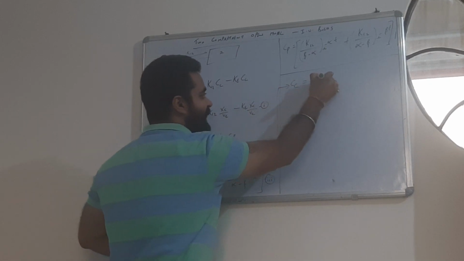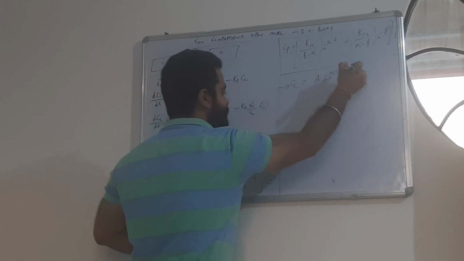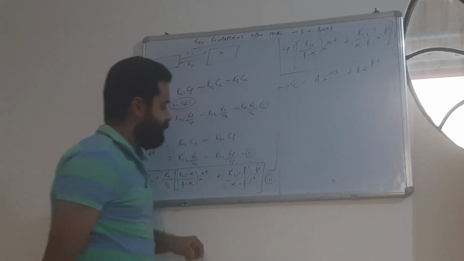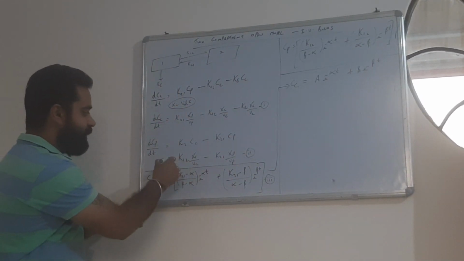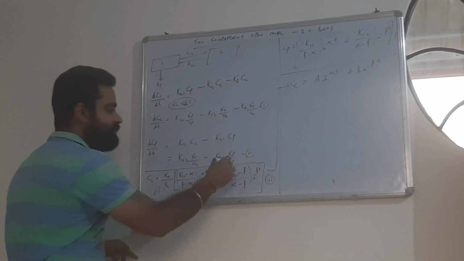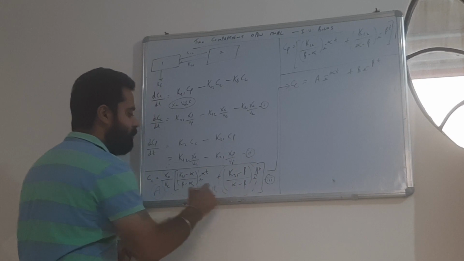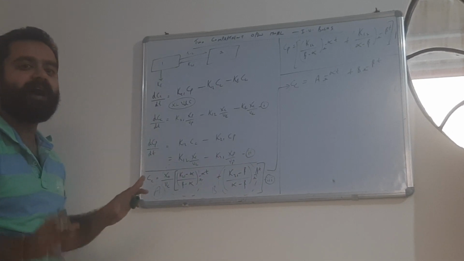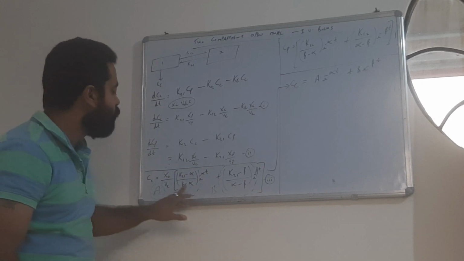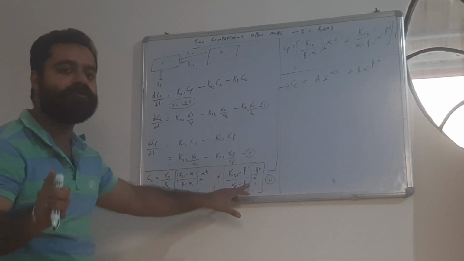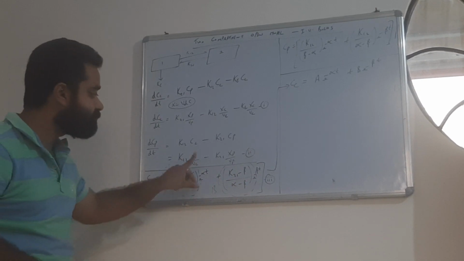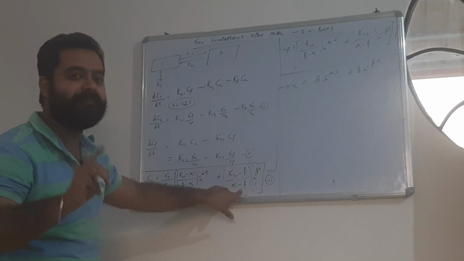Cc = A e^(-alpha t) + B e^(-beta t). This means we have considered this part to be A and this part to be B. Both these parts have been replaced with hybrid constants. Remember the term hybrid constants A and B. Also, alpha and beta are hybrid constants, where alpha represents the distribution phase and beta represents the elimination phase.